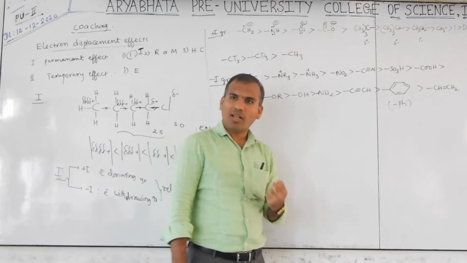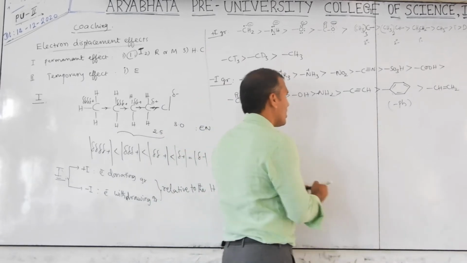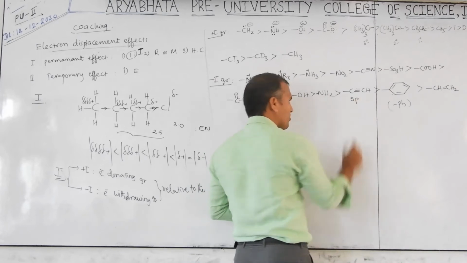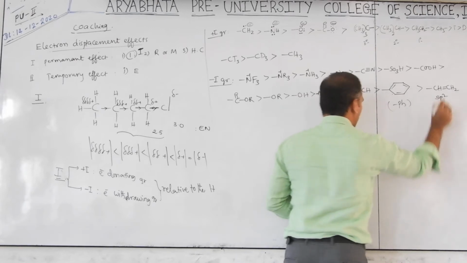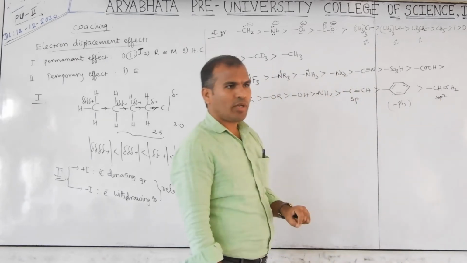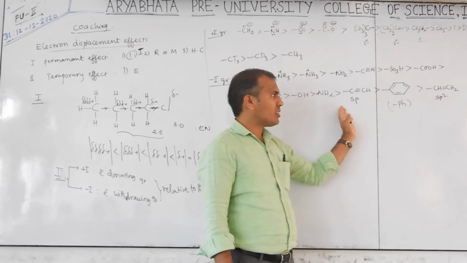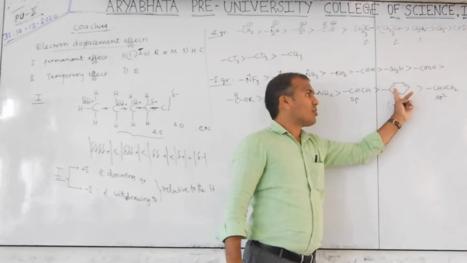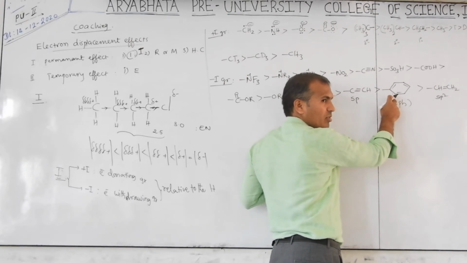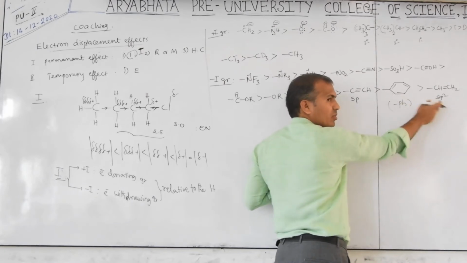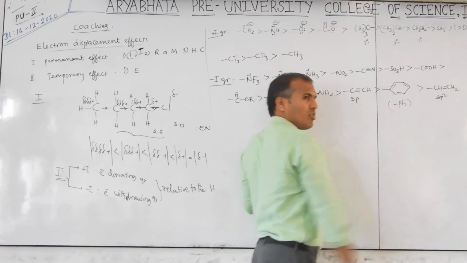Less electronegative, less withdrawing. Now consider, this carbon is which hybridization? sp. This carbon is which hybridization? sp2. sp is more electronegative than sp2, therefore it is first and this is last. This is also sp2, but here two double bonds are there, therefore compared with this one it is more electron withdrawing.